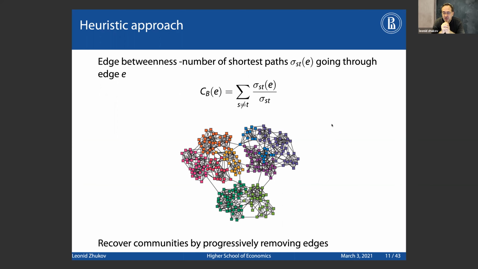We actually talked several lectures ago about the metric which is called node centrality, right? It was betweenness centrality. Now, can somebody remind me what betweenness centrality is?